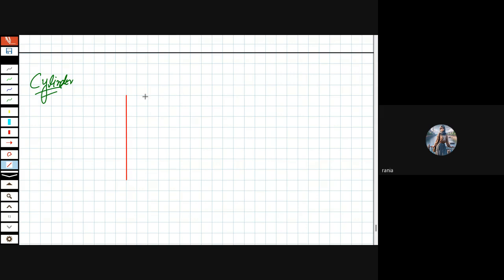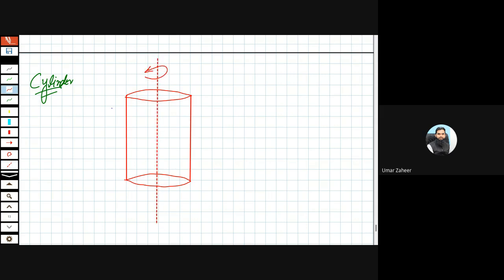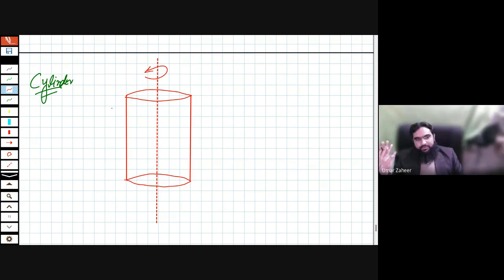Sir, this would be infinite. No, it is a cylinder. This is the line that passes through here, and you are going to rotate it. It is the same as the circle, where the rotational symmetry is infinite.